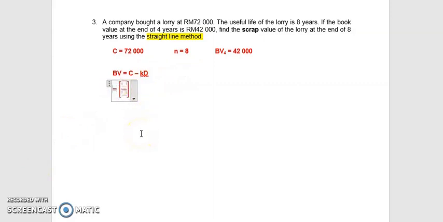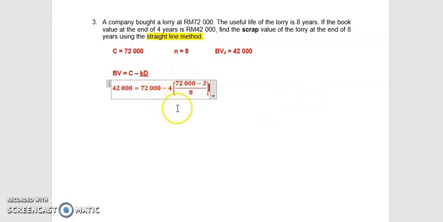Book value year 4 is 42,000, equal to C, 72,000, minus K. Since we use book value year 4, K is equal to 4, multiplied by the annual depreciation, C minus S, so 72,000 minus S, the scrap value, divided by useful life N equal to 8.